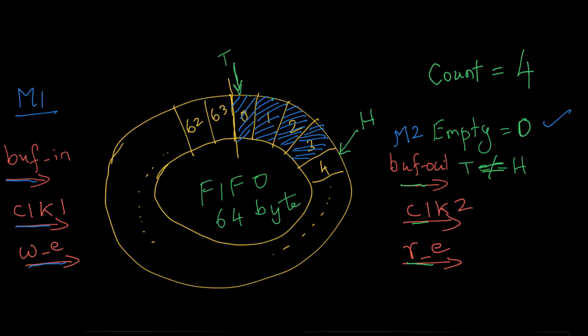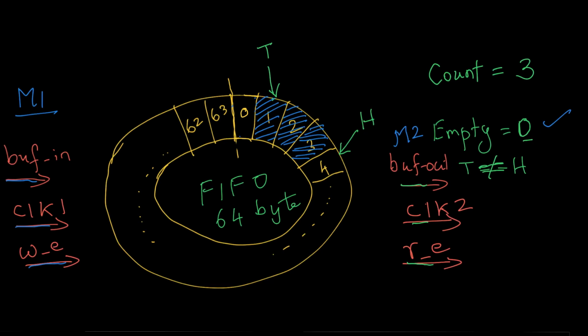Tail pointer will increment and now point to address 1. Since 1 data is read, and now the address 0 does not have any data, your count reduces to 3. Now MT is still 0, so your M2 can continue to read some more bytes.